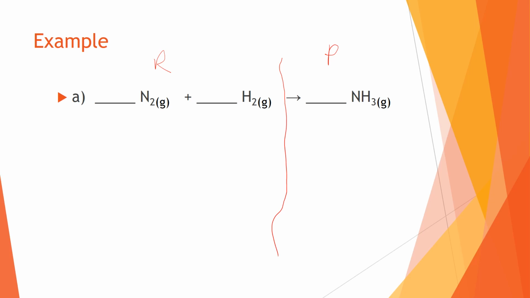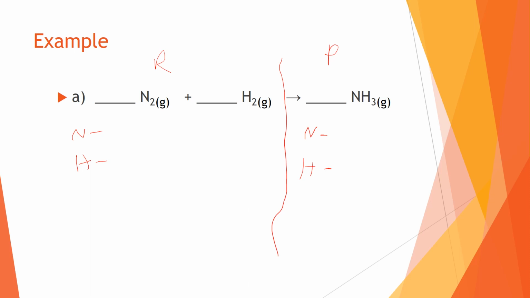Then I'm going to count the number of atoms. Over here I have nitrogen atoms and I have hydrogen atoms. Notice I'm not writing the formulas, I'm just counting the number of atoms. Now over here, I also have nitrogen atoms in my ammonia, and I have hydrogen. According to Lavoisier, I have to have the same numbers. They're rearranged, but I have to have the same numbers.